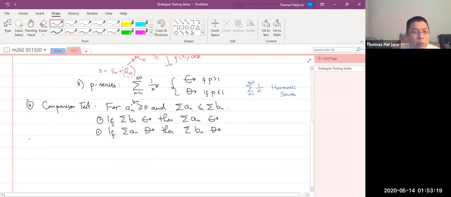How about the limit comparison test, which is actually the subtopic of comparison test? Limit comparison test for the terms non-negative.